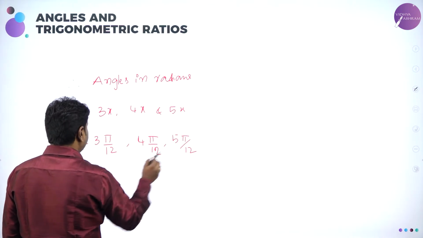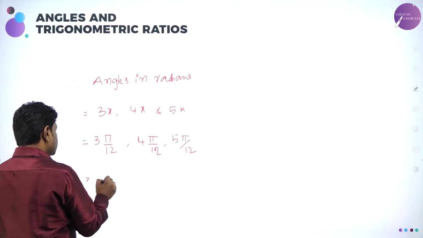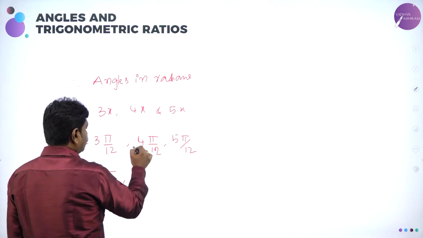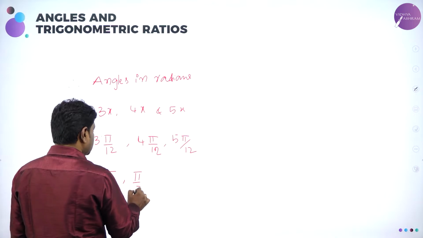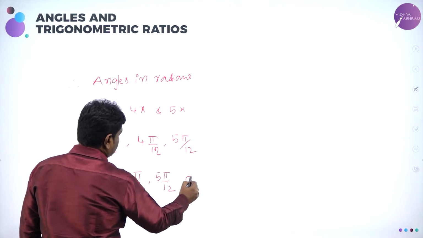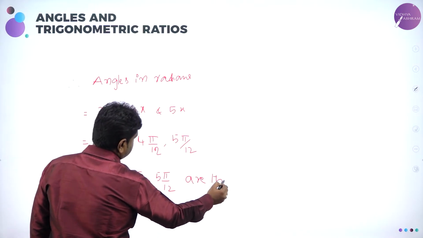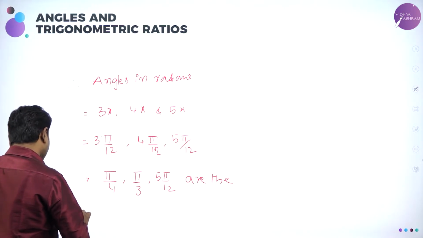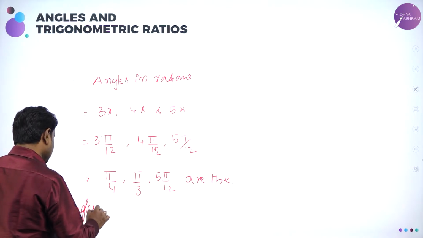Whatever is divisible, divide them. 3 pi by 12: 3 ones are 3, 3 fours are 12, so that is pi by 4. The other one, 4 pi by 12, is pi by 3. The other one is not divisible, leave it. 5 pi by 12. These are the angles in radians.